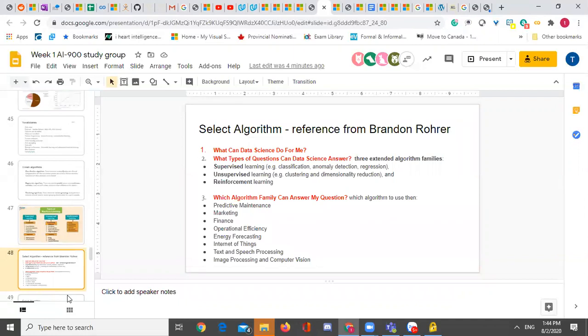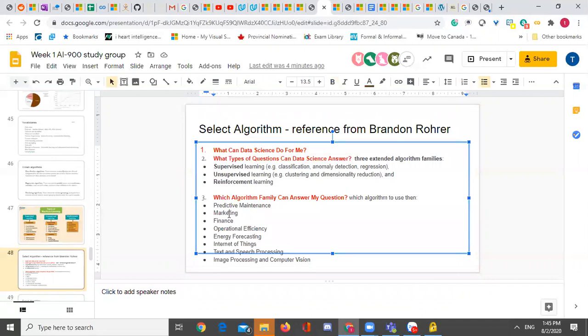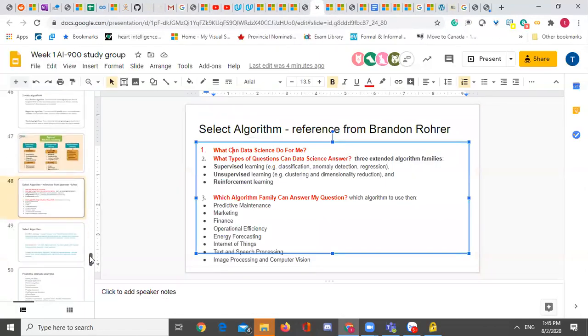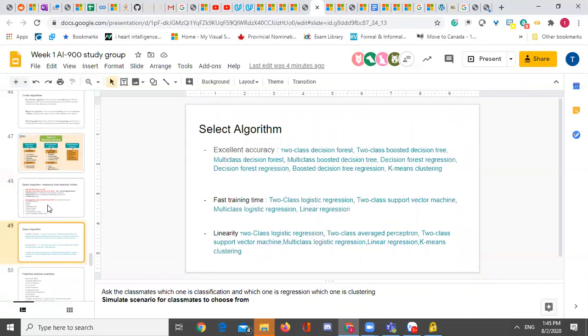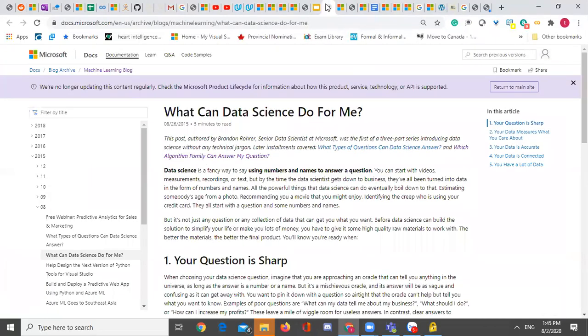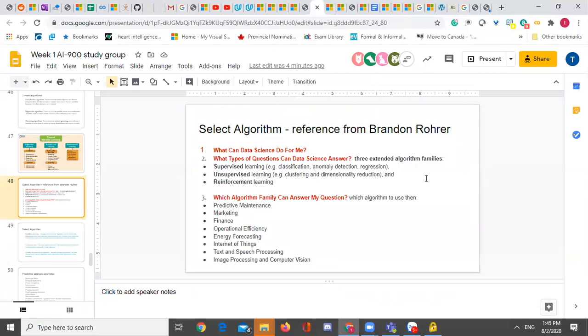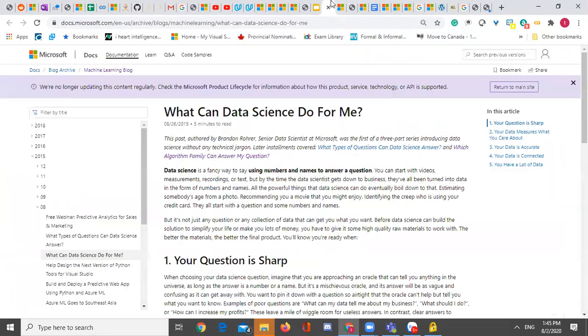So how do you select the algorithm for the test? I have found a very good blog from Braden Rocher. Braden is a senior data scientist at Microsoft, and he wrote a machine learning blog.